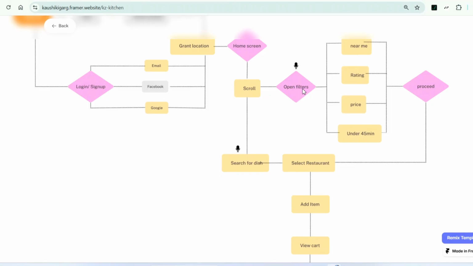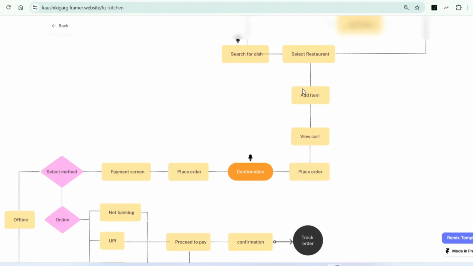So they can just record that they want to see restaurants with a 5 rating, or want to order a dish which is under 300. They can just say it, and the application will automatically record it, and from its intelligent system, it will show similar options.